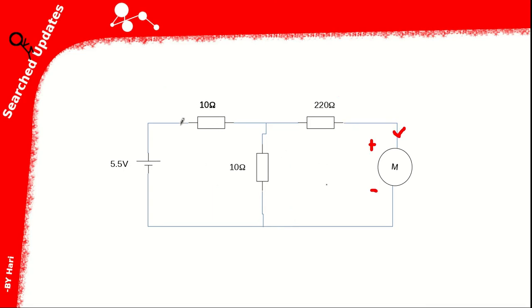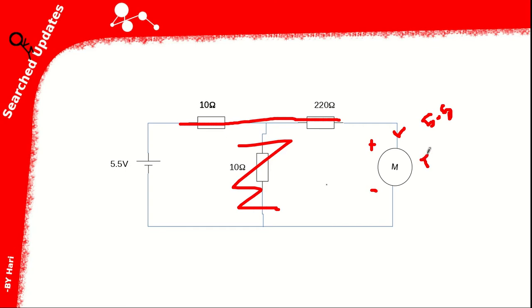If there is no resistor in between them, then the voltage across the motor is 5.5 volt and the current across the motor is equal to V by R. That means 5.5 volt divided by the resistance of the motor.